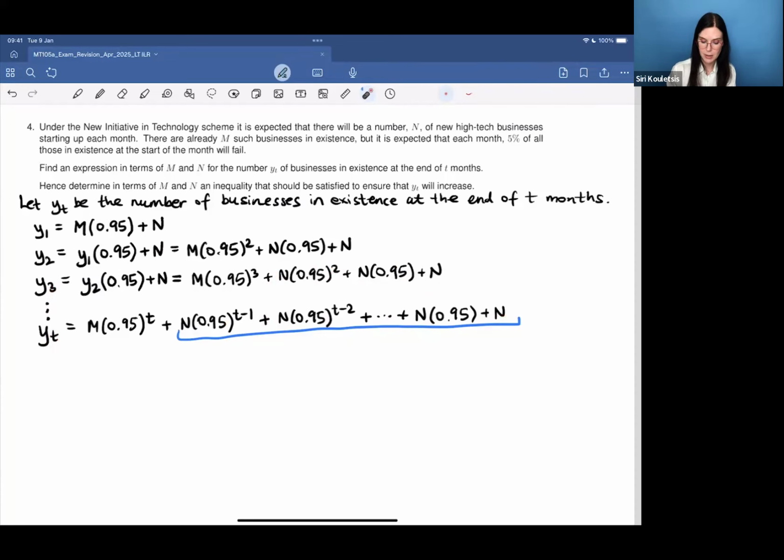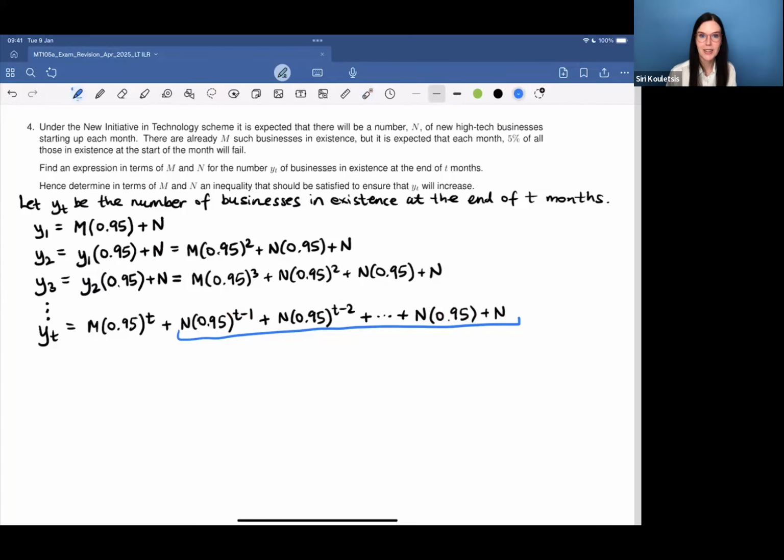So you can see it's basically 1 more than the highest power, right? Because as we go upwards, 0.95 raised to the power 1 is already the second term. So this t minus 1 power here is already term number t. So there are t terms. Let me write that down and then write down the formula.